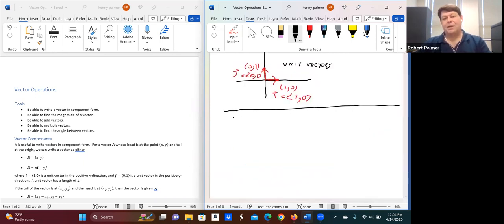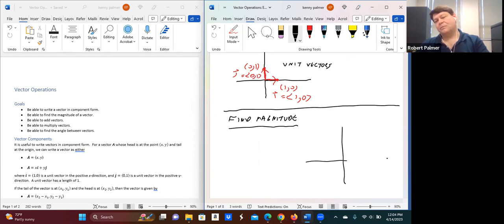Now, let's find the magnitude of a few vectors. Okay, so let's say we have vectors that go between certain points. Let's say we have 2 points in space. All right, so one point is going to be 2, -3.